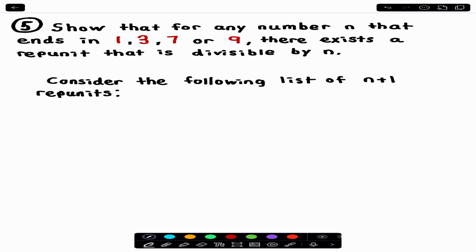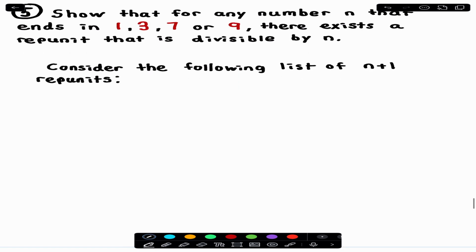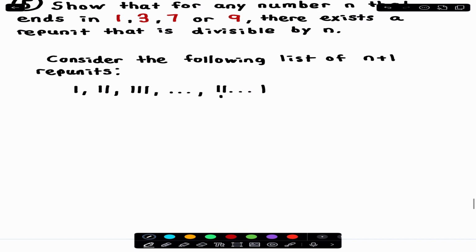So let's consider this following list that goes like the first rep unit, the second rep unit with 2 ones, 3 ones, and this list will just continue until the n plus first rep unit, which means there are n plus 1 ones repeated.